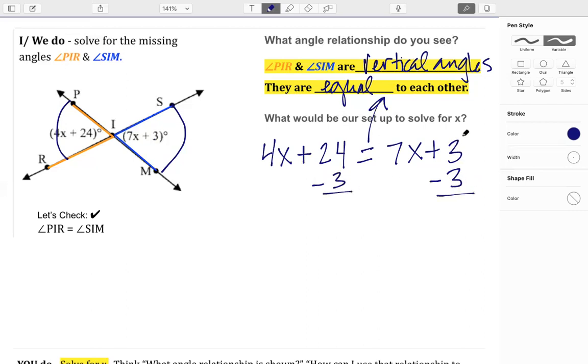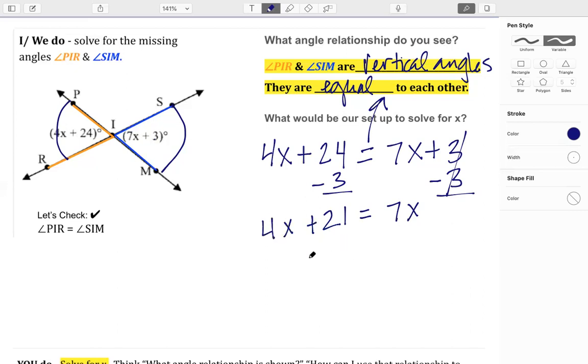You could have started in another way, which is totally fine, as long as you're being consistent. Okay, so we subtracted 3 on both sides. 24 minus 3 gives us 21. And we bring down the 7x on the right, and we bring down the 4x on the left.